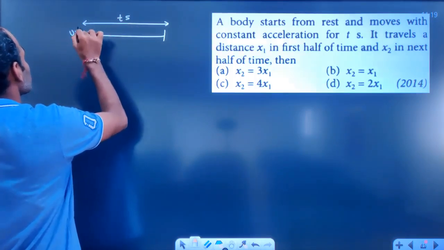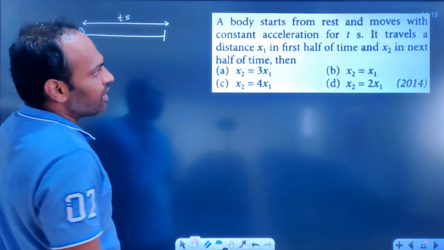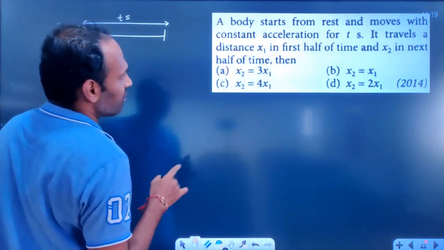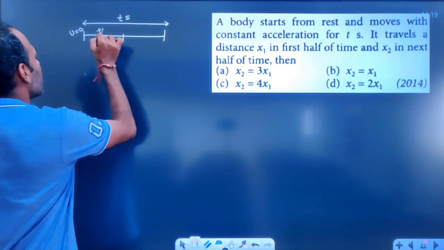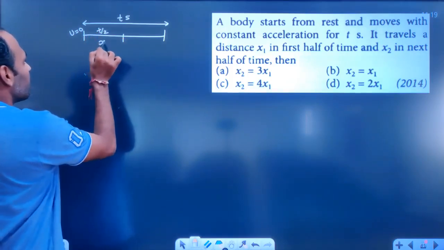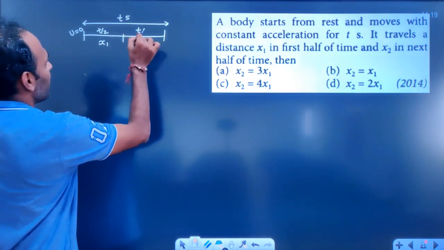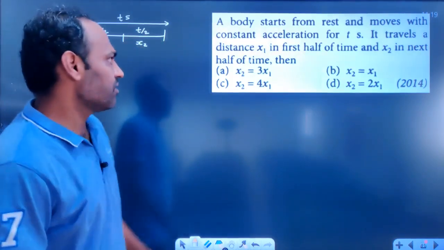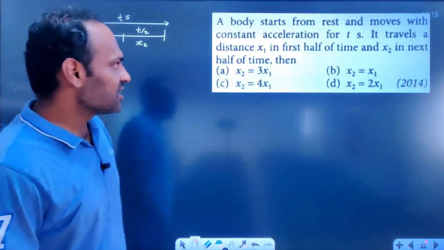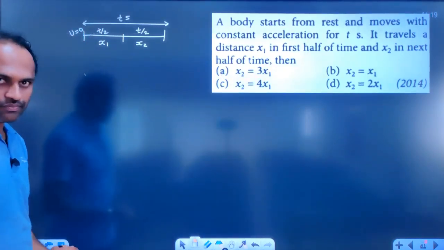It starts from rest, so initial velocity is 0. It travels a distance x1 in t by 2 time, and x2 distance in the next half of the time. They are asking us the relation between x1 and x2.